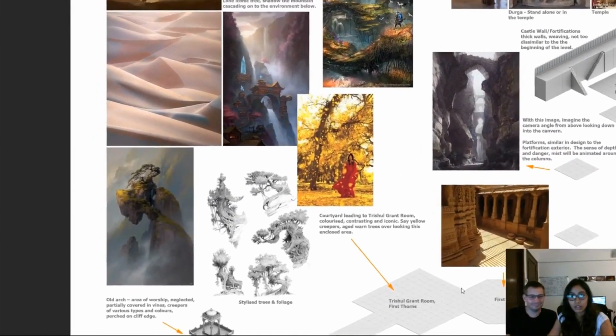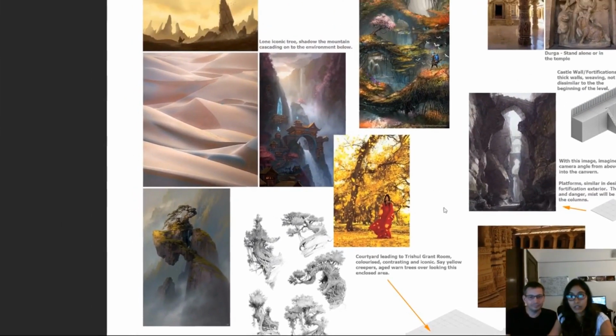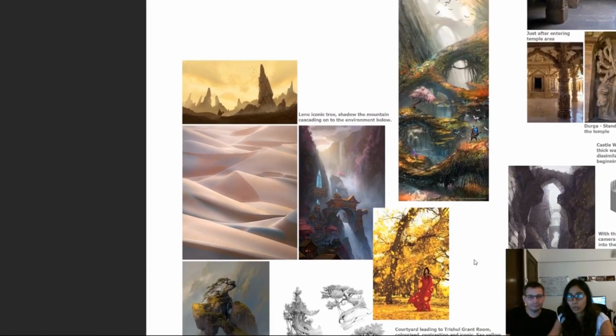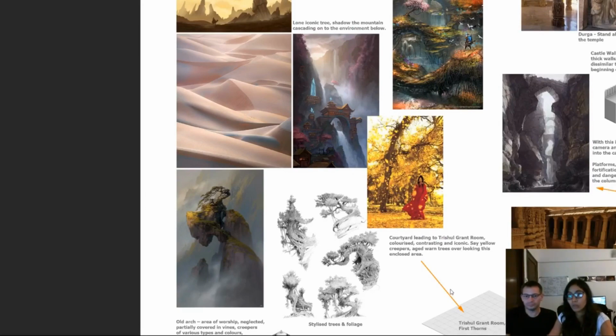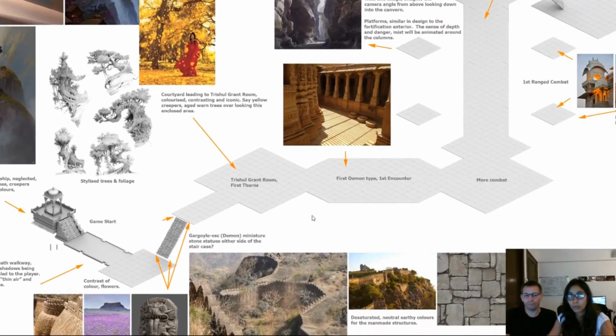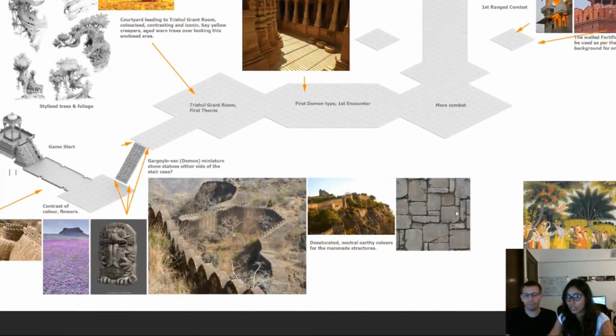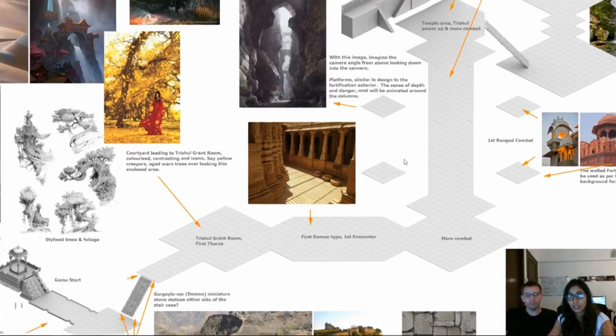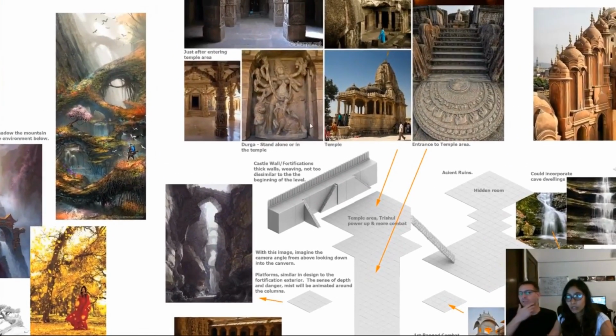So around the area, the atmosphere, the kind of trees, the mood that we wanted for the start of the level, we put all the influence, the kind of tiles, the textures, the colours, rocks, the trees, the architectural details.